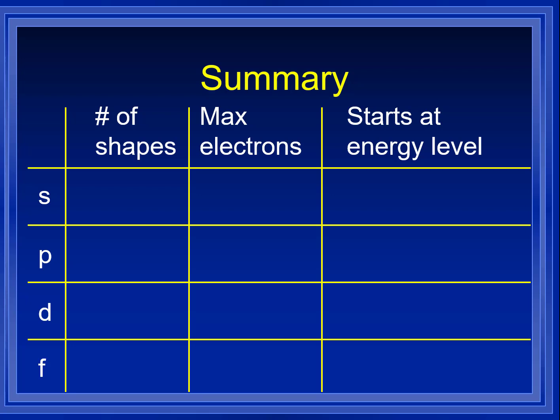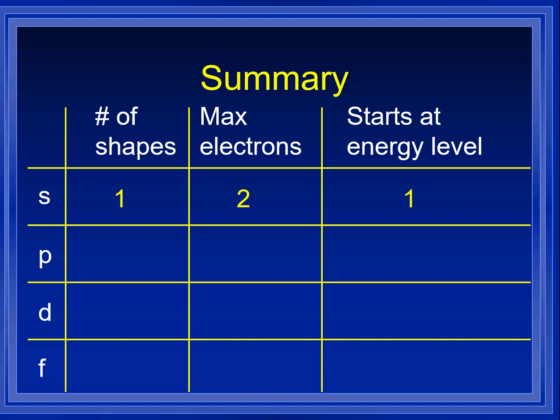So, how many shapes of s orbitals are there? Well, s was the sphere, right? So there's only one shape. So what's the maximum number of electrons that you can put in an s orbital? There's 2. And what energy level do the s orbitals start at?